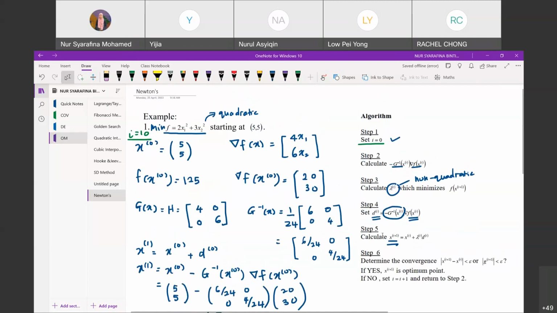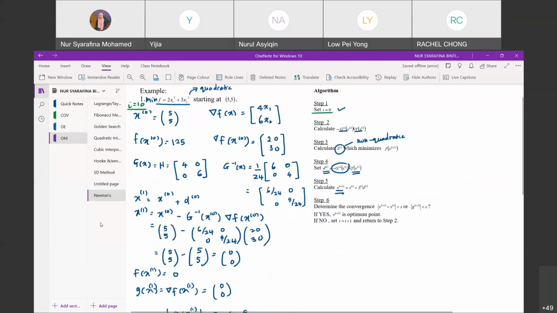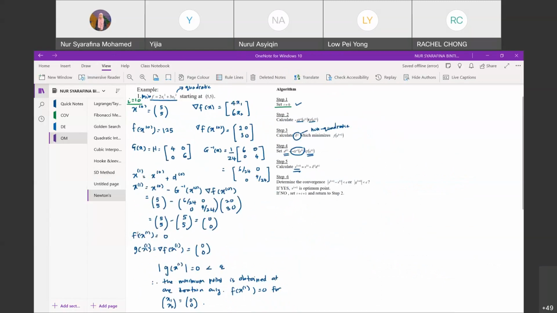Anyone has a question for the basic Newton method here, where we don't involve the value of lambda? Any question? Can you see this?